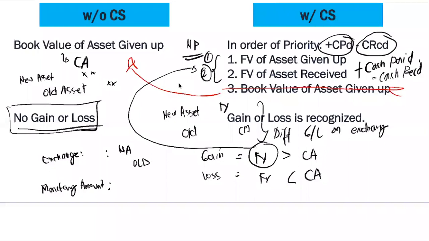Tapos we have here either gain or we have a loss. For the monetary amount, if you paid, you credit cash, and then you debit the new asset. If you receive, then you debit cash because you receive cash and you credit new asset.